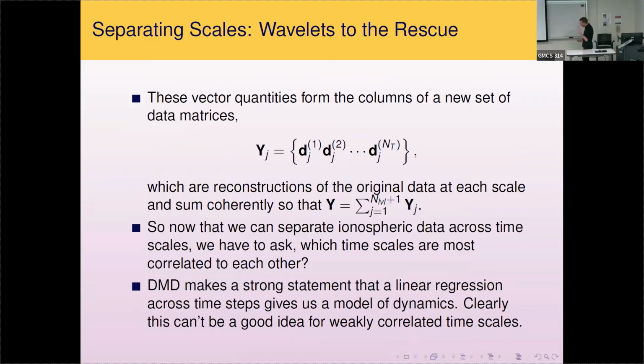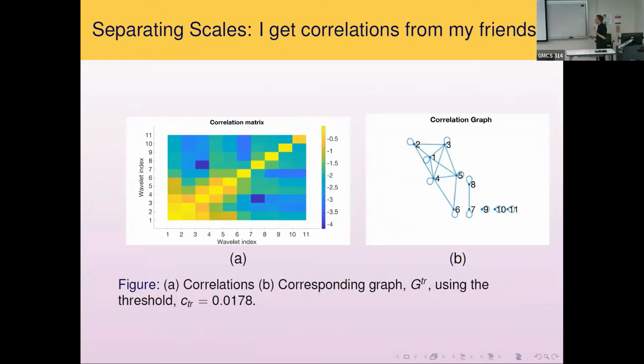So once we wrapped our head around that, we were like, oh, okay. What you want to do is run through your different scales, and for the data set that I showed you earlier, we end up with about 11. And then look at the correlations among those different scales, right? And say, okay, some of these clearly talk a lot to each other, and these are my slower scales.